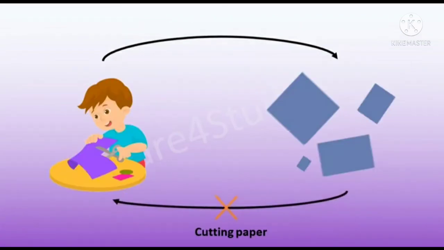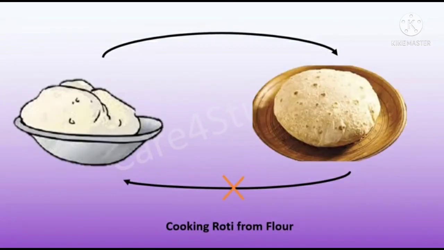Consider another activity. Take a sheet of paper and tear into small pieces. Can we change the shape of the paper same as before? Now roll out a roti from the bowl of dough and bake it on a tawa. Was it possible to get back the bowl of dough again?